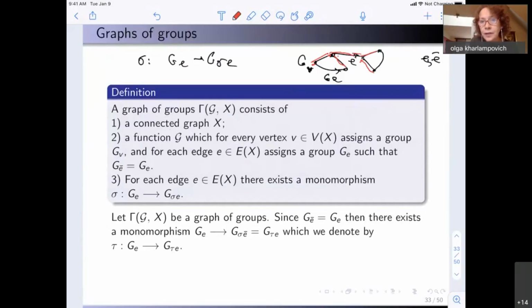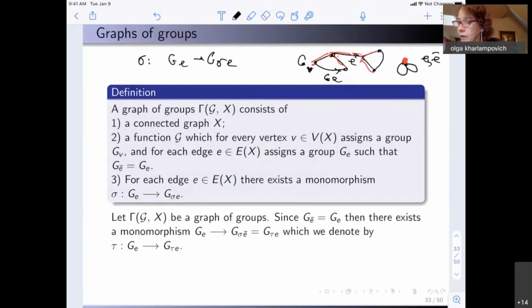Then we take two HNN extensions corresponding to the remaining edges, because we can consider this red tree as one vertex, and these two edges. What we get is called the fundamental group of the graph of groups.